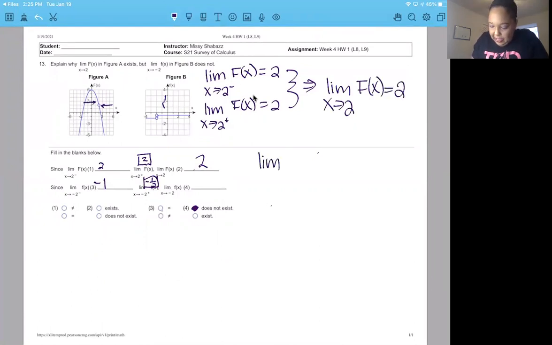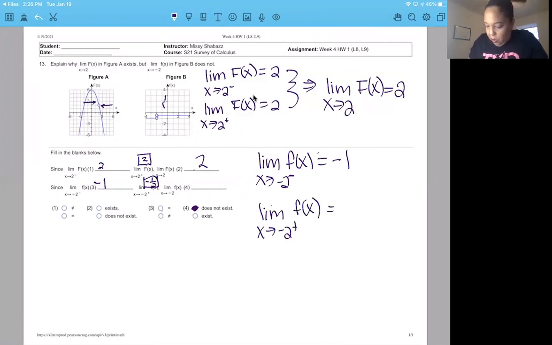Now the limit as x goes to negative 2 from the left of the little f of x was equal to negative 1. The limit as x goes to negative 2 from the right of f of x was negative 1/2. And that tells me the limit does not exist.